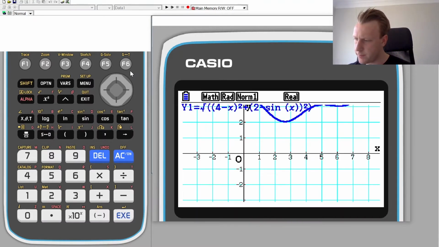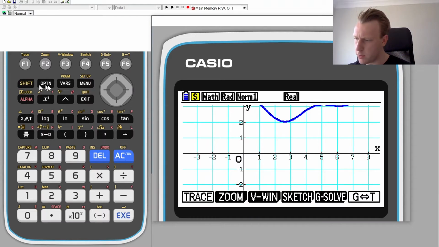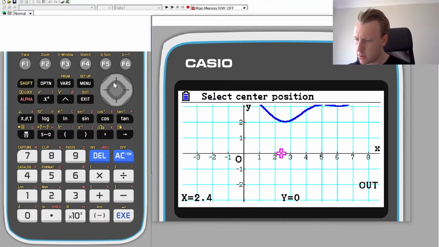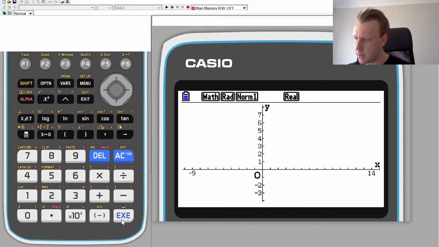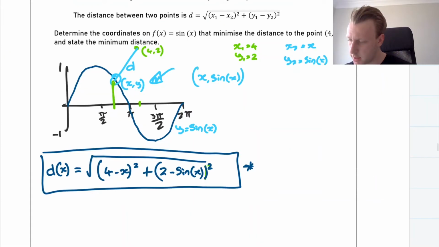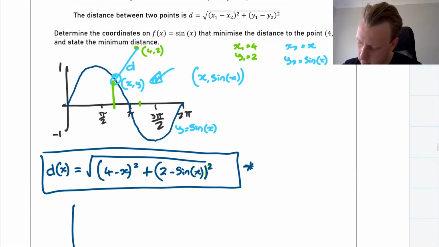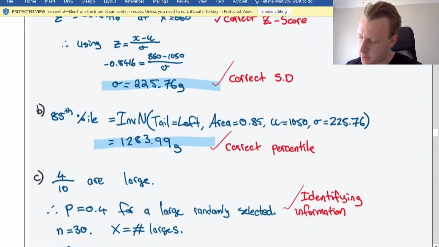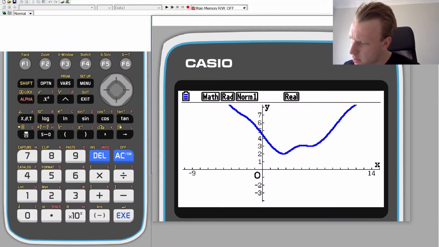Draw that. Let's get a bit of view window here, so let's just zoom out a smidge. About this point here. Okay, cool. Now I'm pretty much just going to draw that there. Doesn't have to be exact. This is d of x, and then I've got x here, goes up to 14. What were my y values? It went up to 7.